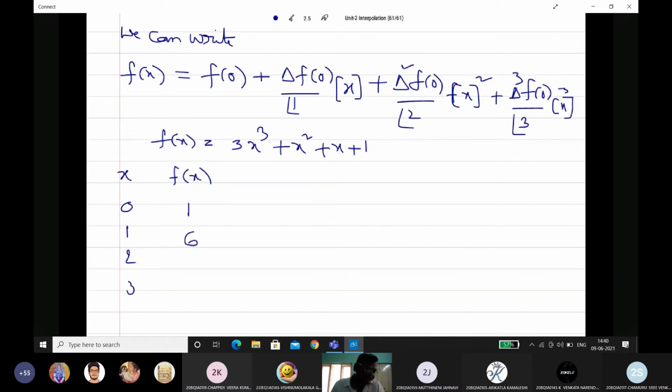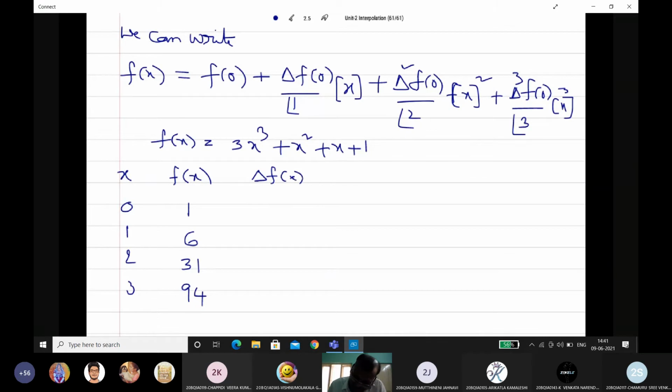Next, x is equal to 2 gives 2 cubed 8, 8 into 3 is 24, 24 plus 4 is 28, 28 plus 2 plus 1 is 31. Next x is equal to 3 gives 94.